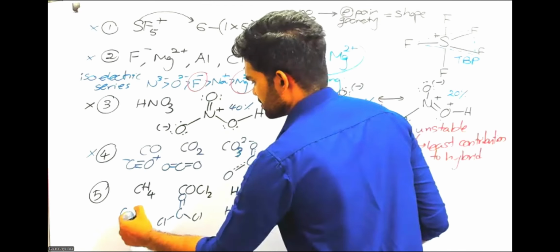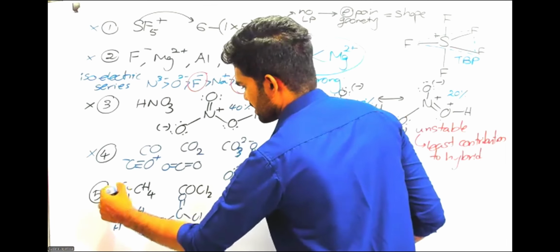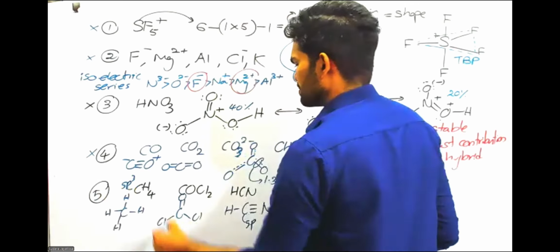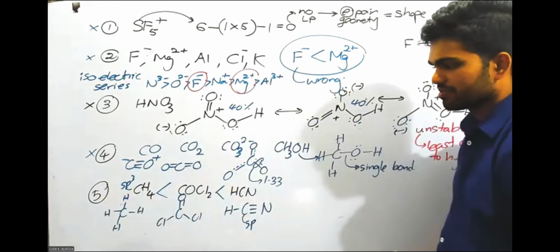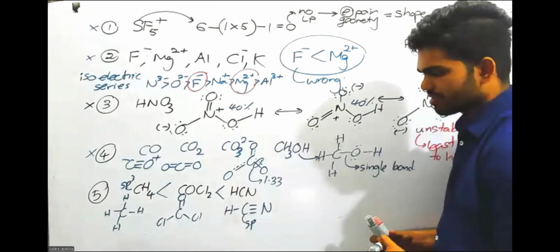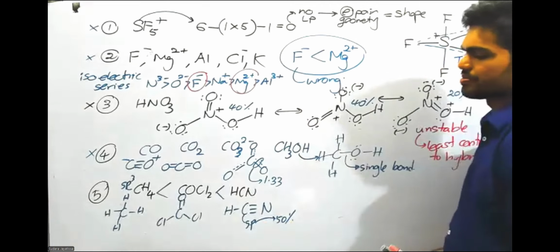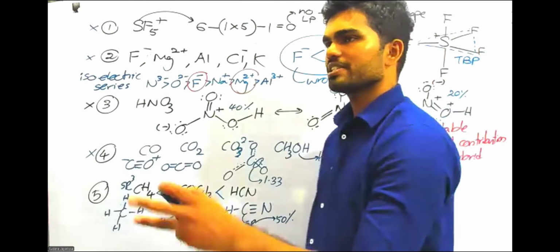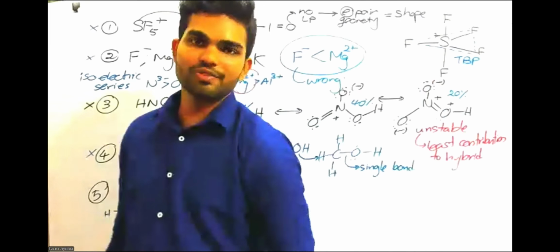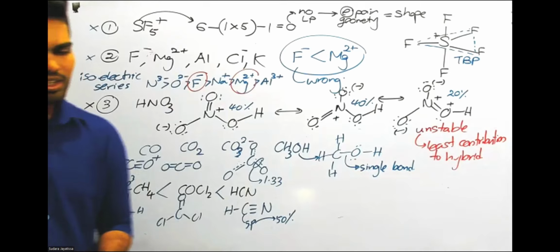CH4, you know the structure, you are having an sp3 hybridized carbon. So you can see in this order s percentage increases. Sorry, that means electronegativity increases. So 50% of s character. So that one is correct, no? So if you just scan through the statements, you will notice that fifth one is correct.